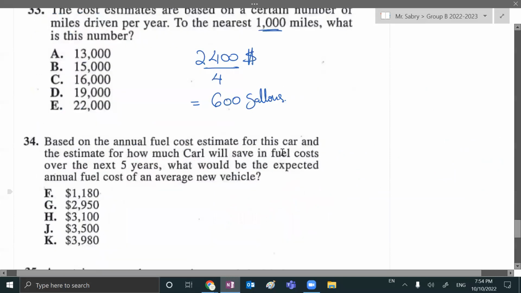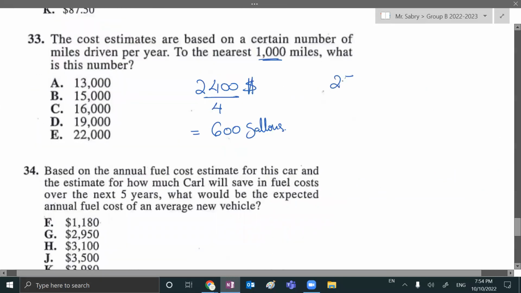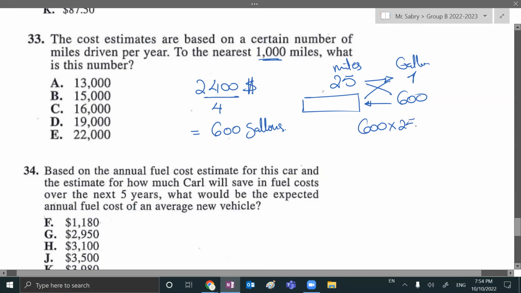So I went back and I said, if the 25 miles should be taking 1 gallon, then the 600 gallons is supposed to give me a total of how many miles? And then I cross-multiplied, which means I've multiplied the 600 by the 25. Apparently, the 600 gallons should make me move an average yearly miles of 15,000.